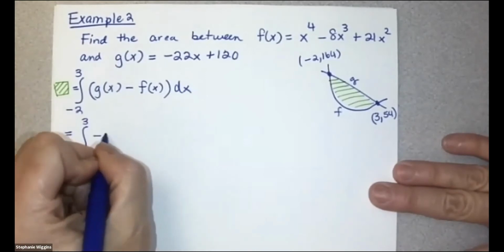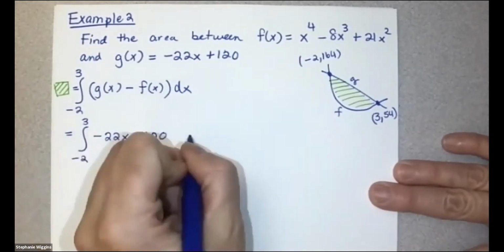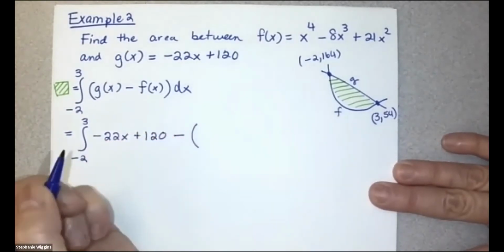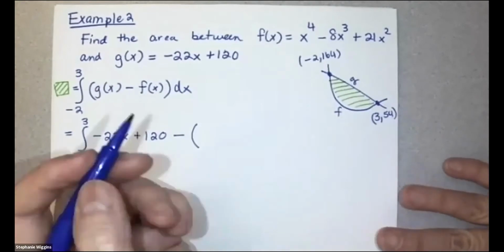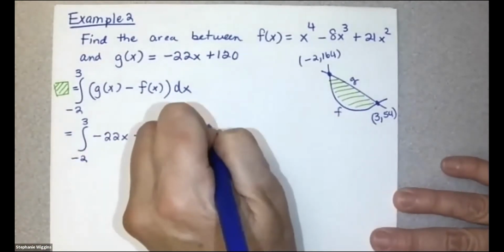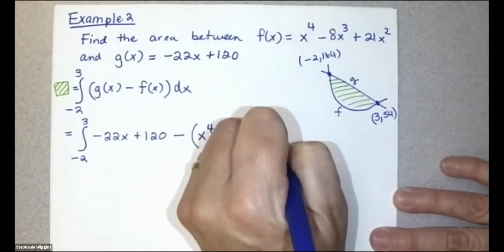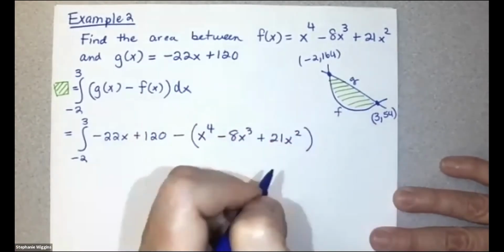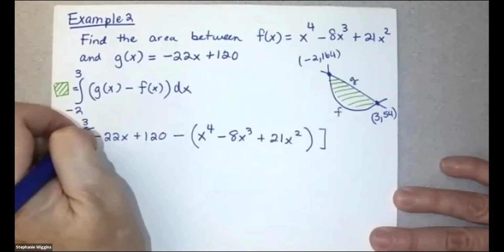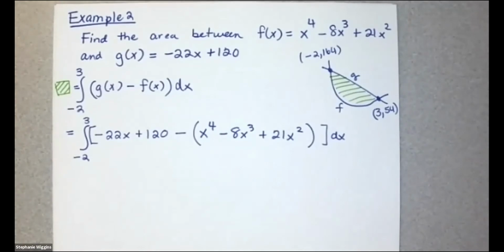So we have negative 22x plus 120 minus the entire function. Don't forget your parentheses because you've got to distribute that negative or you're going to get the wrong answer. So x to the fourth minus 8x cubed plus 21x squared. And we're integrating with respect to x, dx, okay?